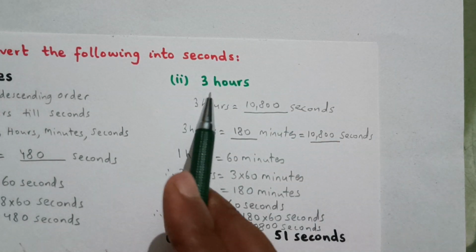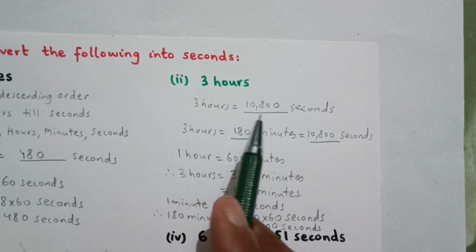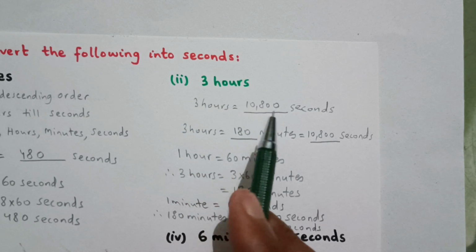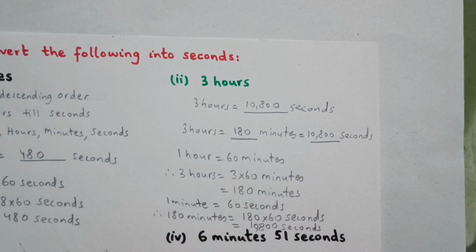So when we convert 3 hours into seconds, it is 10,800 seconds.